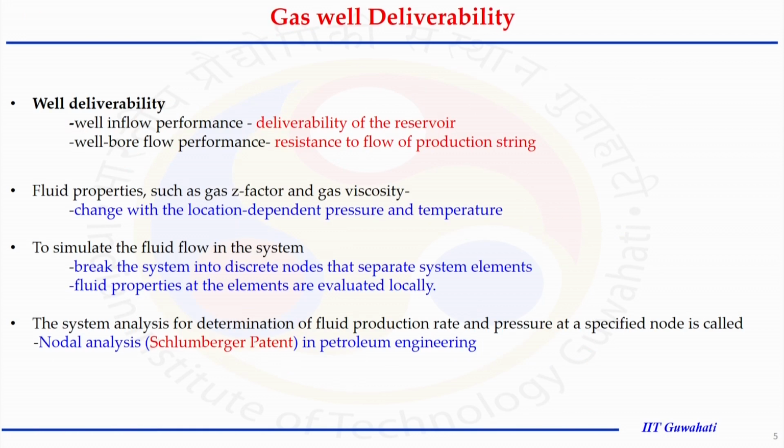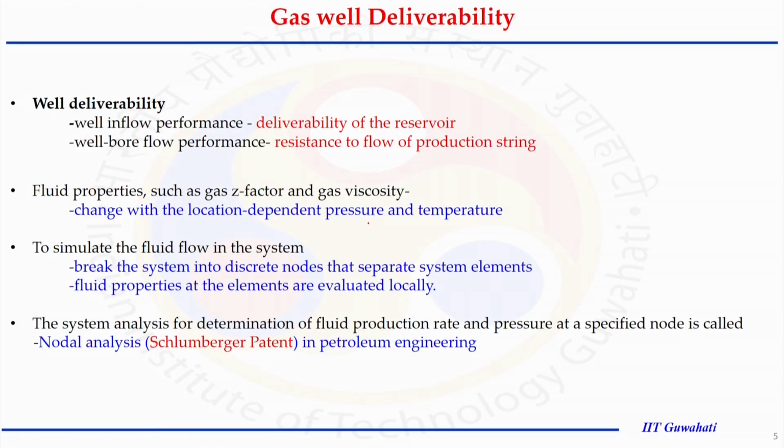Throughout this, temperature also changes, and as our gas is compressible, its properties change. Properties like the compressibility factor Z and the gas viscosity mu depend on pressure and temperature, and they need to be calculated at a particular temperature and pressure condition. That could be the average or some other mean.